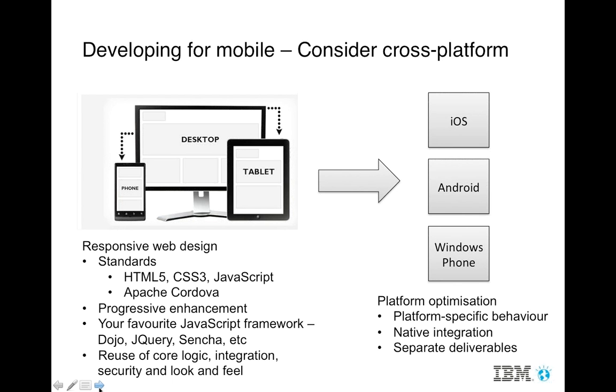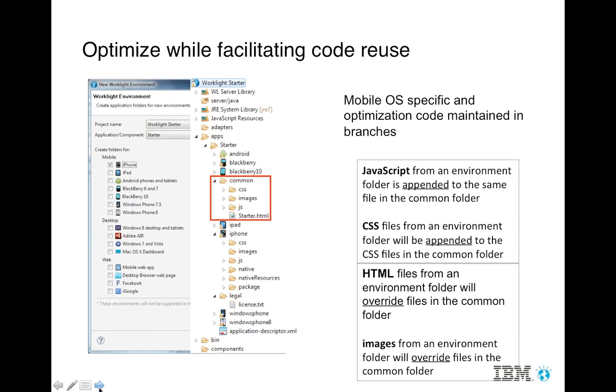And just to give you a feel for how we're doing that, this is a screenshot of the Worklight Studio. So we were able to put our application in the highlighted section there, the common folder. Again, you can see HTML artifacts, JavaScript, CSS. And then you would create a number of target environments. So again, on the example, you can see Android, BlackBerry, iPad, iPhone, Windows Phone on there as well.